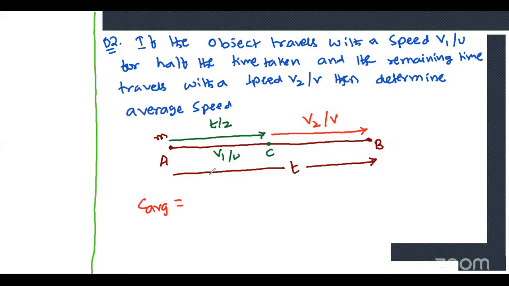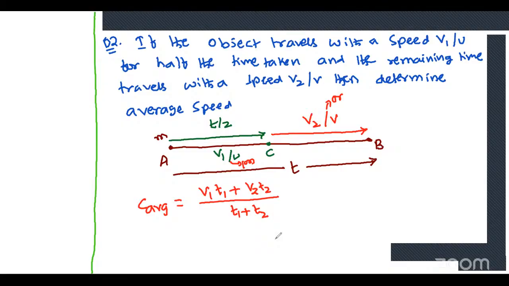I am using the principle V1 T1 plus V2 T2.